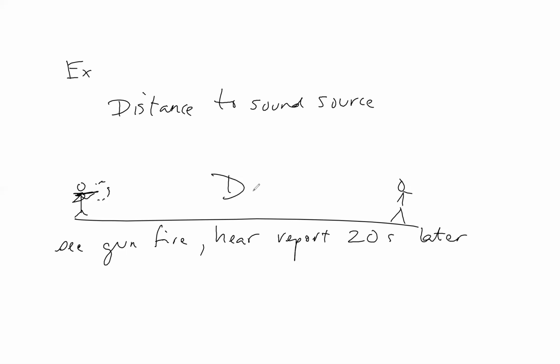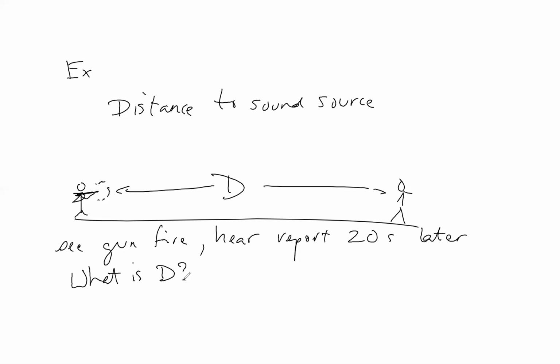And you know that there's some capital D, some distance between these two people. We're going to ask, what is D? Like I said, when you see it, we're just going to assume that you're seeing it right when it happens and you're hearing the sound after it's traveled that full distance D.